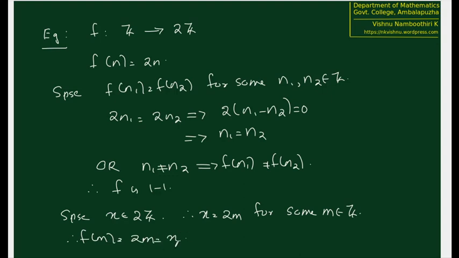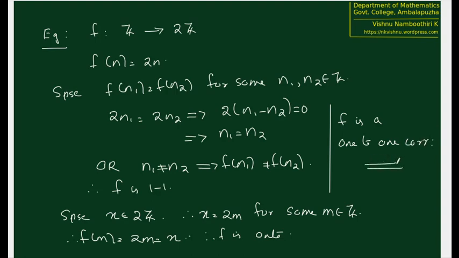So corresponding to every x in 2Z, we can find an m in Z. Therefore, this x is arbitrary, therefore f is onto also. So this function is both one-one and onto, therefore f is a one-to-one correspondence from Z to 2Z. We established.